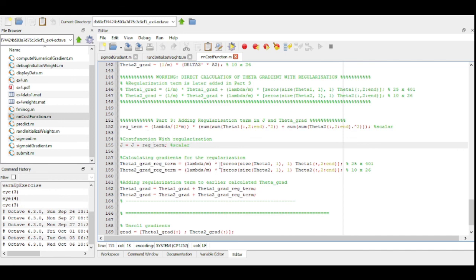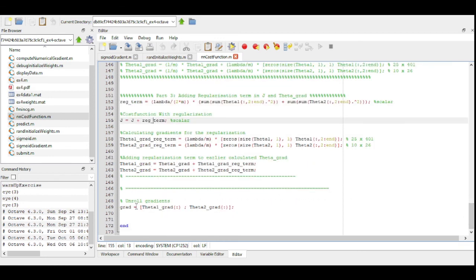We'll get lambda by 2m, and here we are just going to add zeros in the first column, and then we are taking the theta from second till end, and again the same thing for theta 2 also, we are taking the theta 2 from second to end, and this is what we got as the differentiation of regularized term. And after that finally we can write that theta 1 gradient is theta 1 plus theta 1 gradient regularized, and that's how we get the theta 1 theta 2, and this is the regularized term, right?